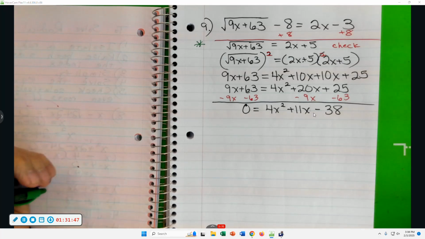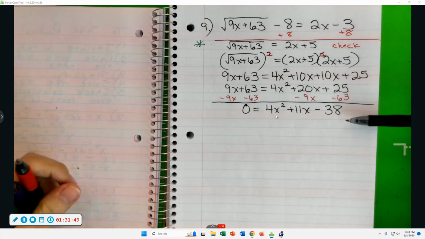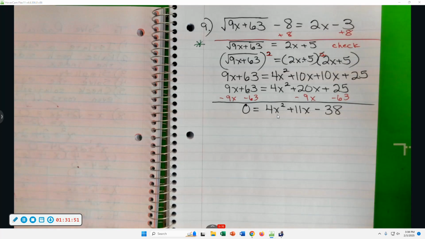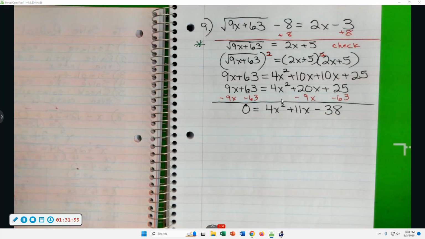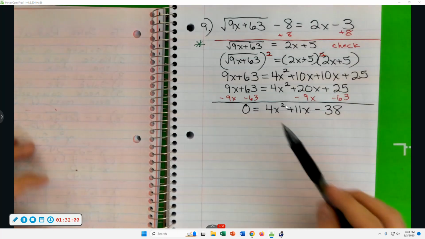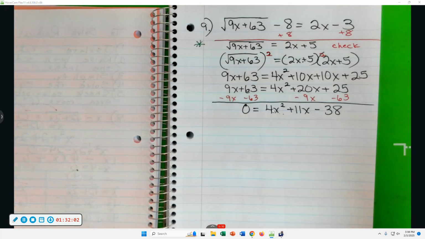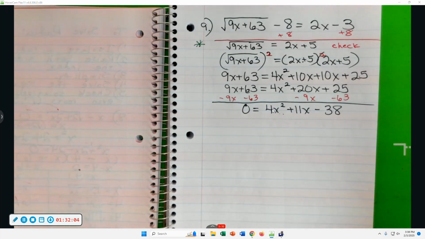Any questions? How do we know we're going to have to factor this or use the quadratic formula? Because of that square, that's right. And I want to stop right now and show y'all something.